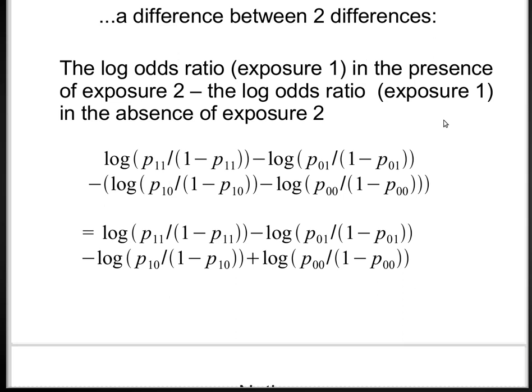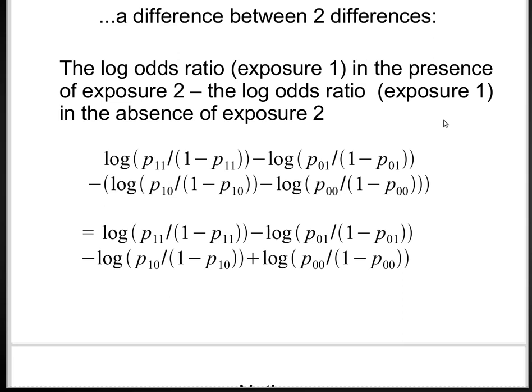But there's a symmetry here. In other words, that expression is the same as the log odds ratio for exposure 2 in the presence of exposure 1 minus the log odds ratio exposure 2 in the absence of exposure 1.